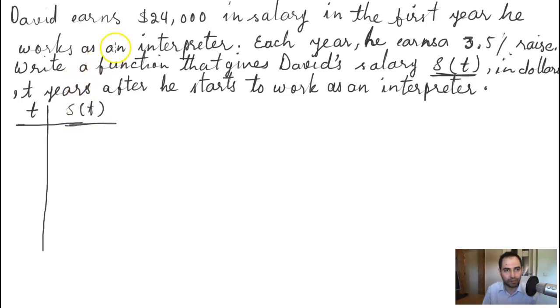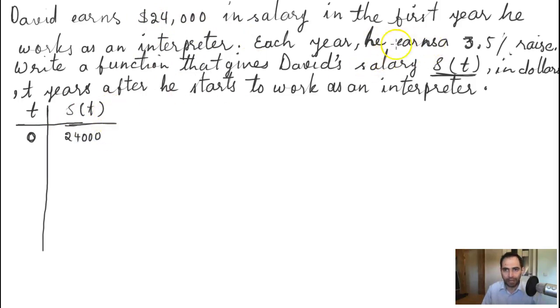In the first year, t in years is equal to 0, because when 1 year has passed, you can write t is equal to 1. Otherwise, if 1 year has not passed yet, then still t is equal to 0. You are in the first year. And then your s of t, your salary in the first year, was $24,000.